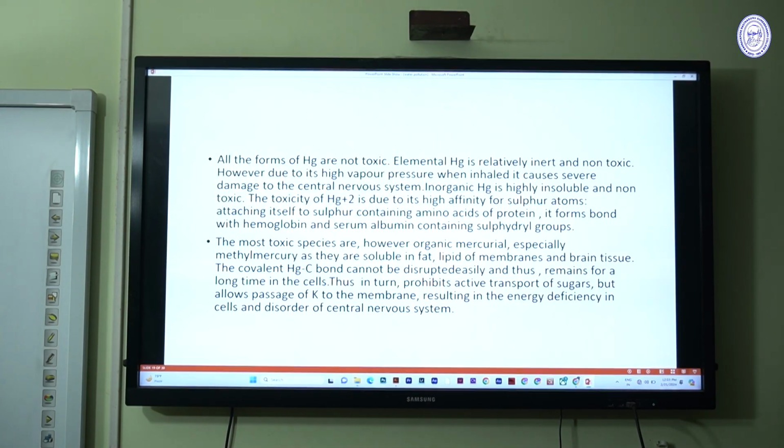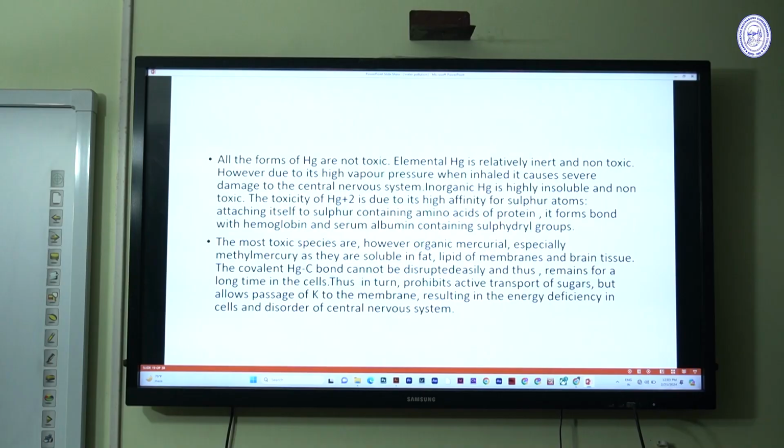Inorganic Hg is highly insoluble and non-toxic. The toxicity of mercury(II) is due to its high affinity for sulfur atoms. Attaching itself to sulfur-containing amino acids of protein, it forms bonds with hemoglobin and serum albumin containing the sulfhydryl group.